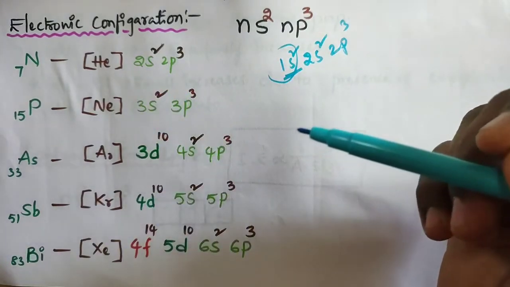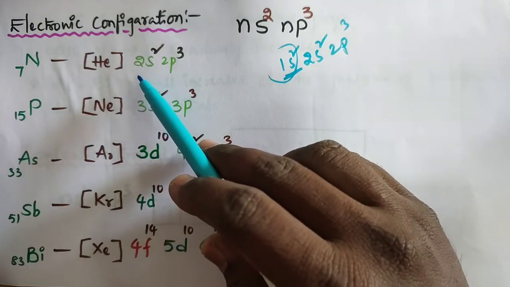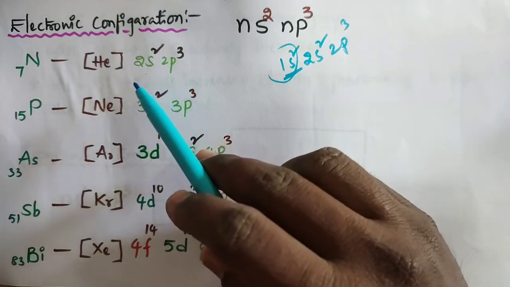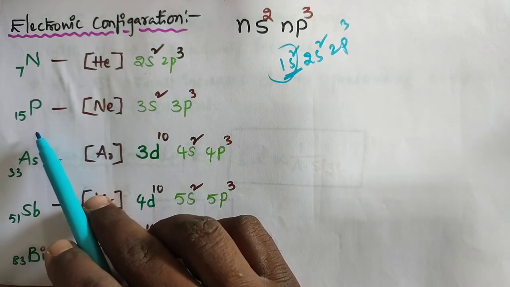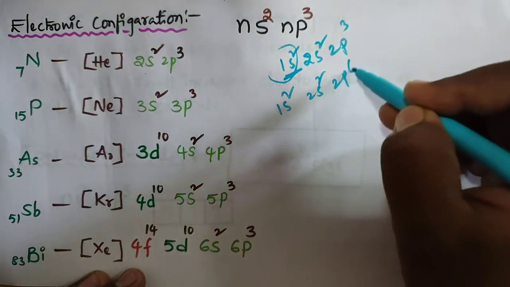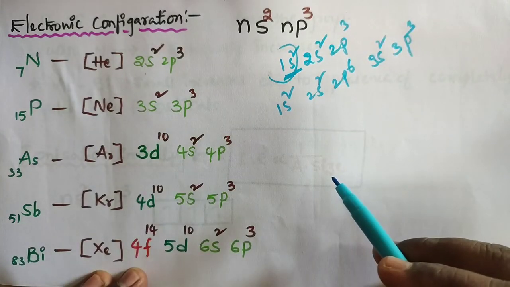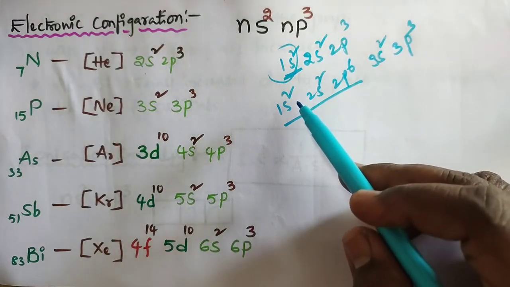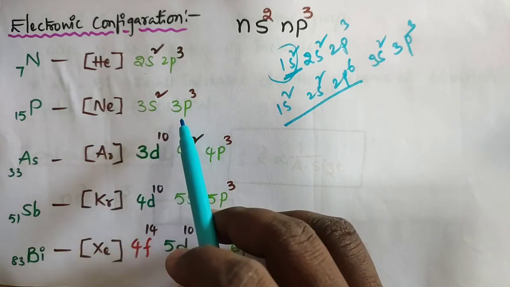Phosphorus, atomic number 15, is 1s2, 2s2, 2p6, 3s2, 3p3, and up to this, 8 plus 2 is 10, the atomic number of neon. So we write neon 3s2, 3p3.